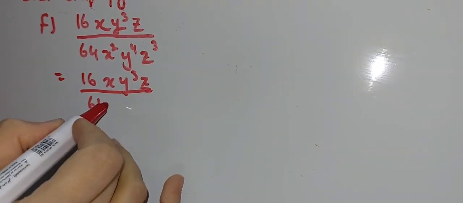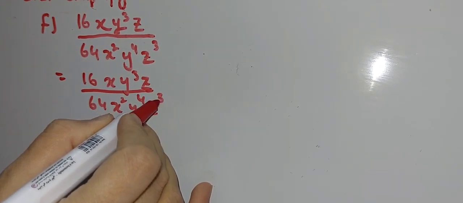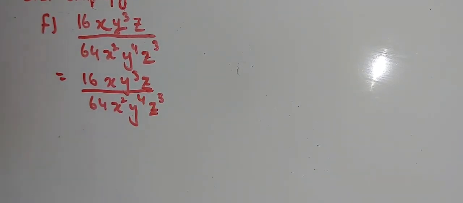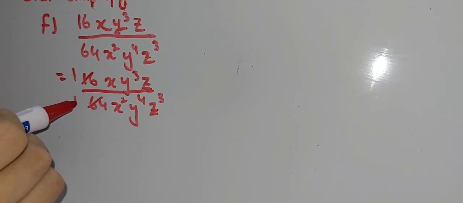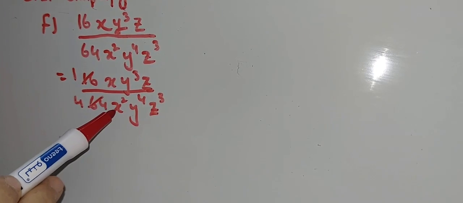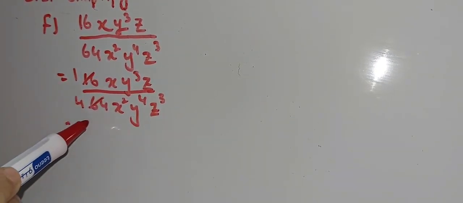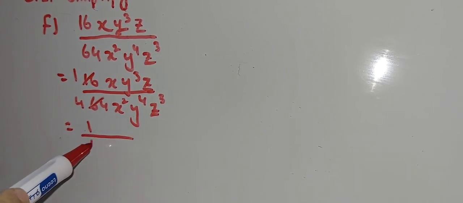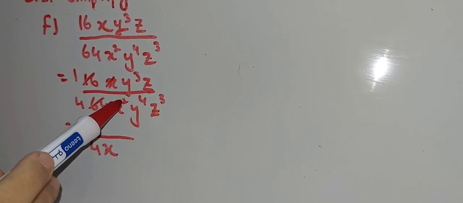Don't start cutting in the question itself; start your solution from the second step. 16 table, 64 comes. Yes, 16 ones are 16 and 16 fours are 64. Now in the denominator we have x square and in the numerator we have x. So what will the value become? 4. Now x will come in the denominator and this x will cut with this one.